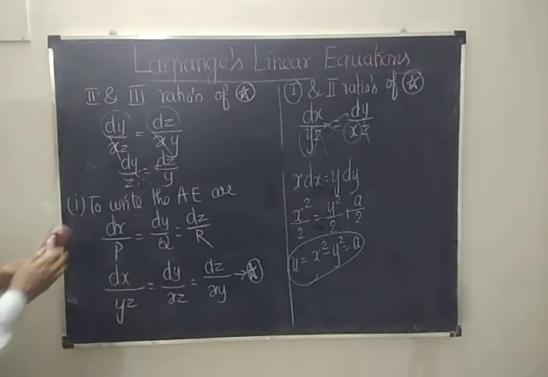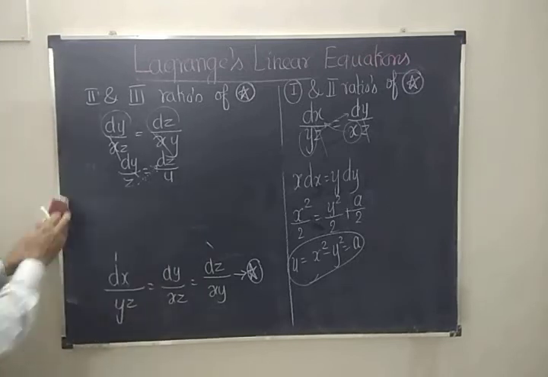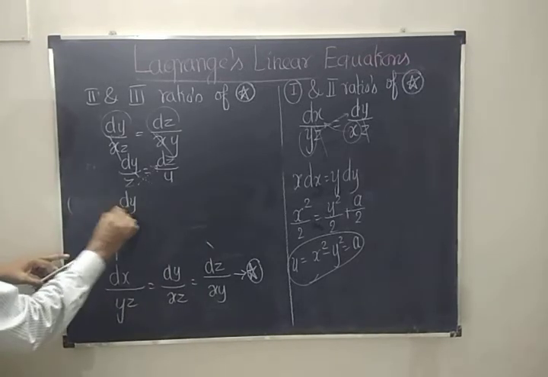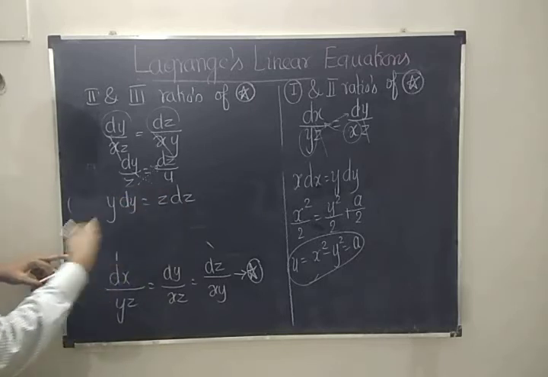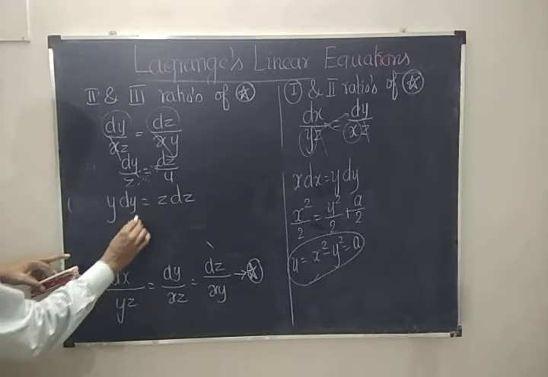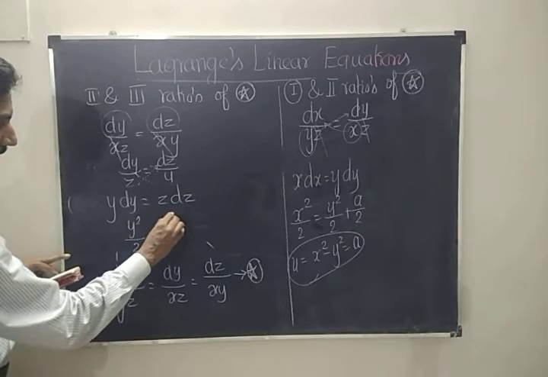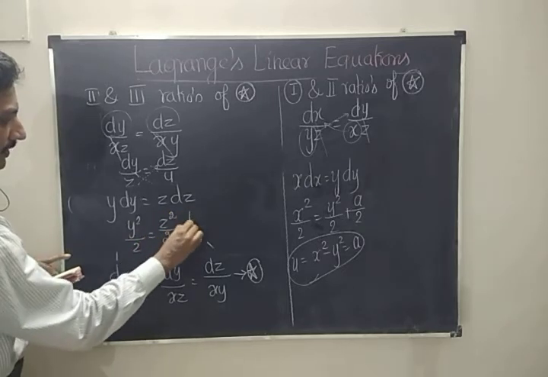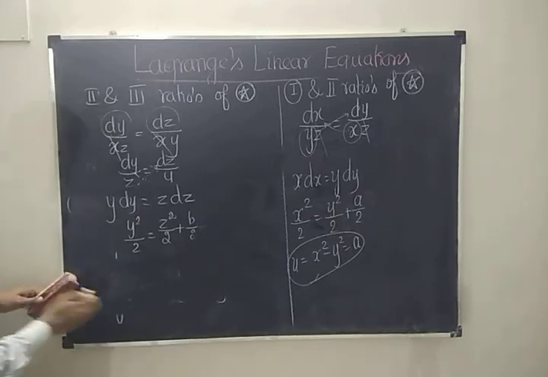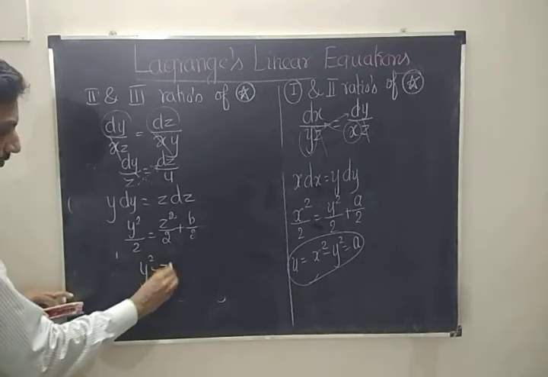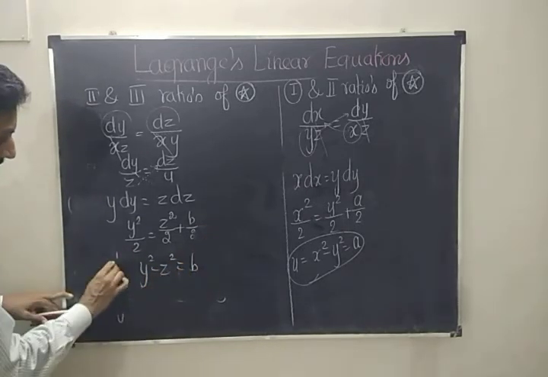I am getting y dy is equal to z dz. Now they are grouped, so go for the integration. I am getting y squared by 2 is equal to z squared by 2 plus some constant b by 2. So y squared minus z squared is equal to some b. So this is my v.